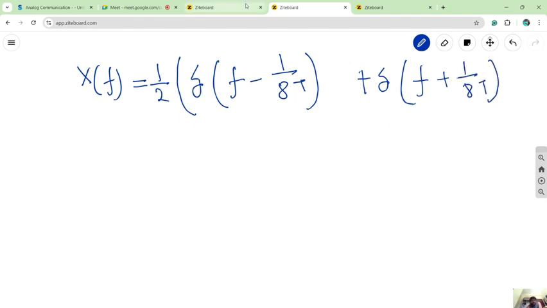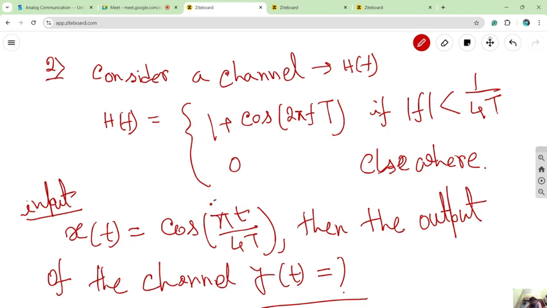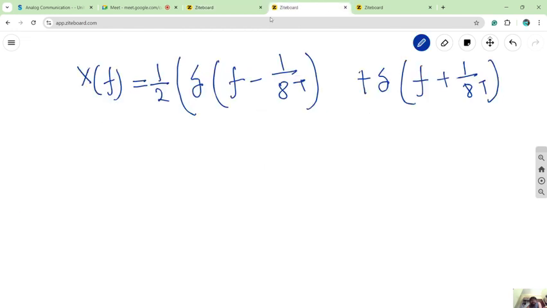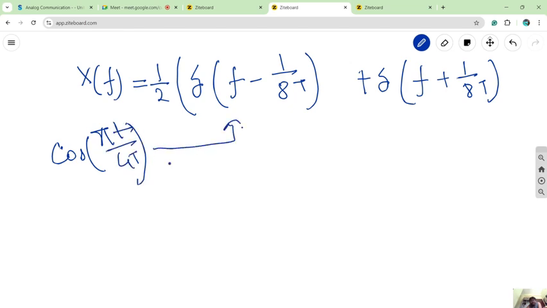Why is it so? Because this is the cos of pi t by 4t, and if we do the Fourier transformation, then this will come.